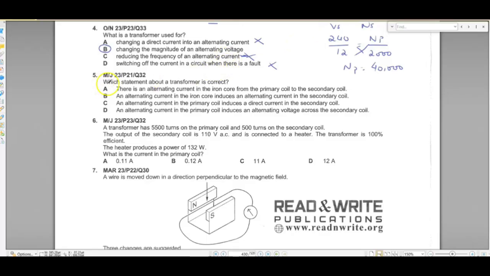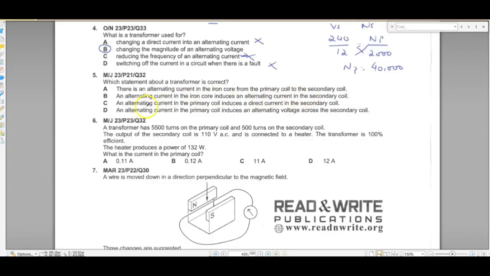Question number 5. Which statement about a transformer is correct? There is an alternating current in the iron core from the primary coil to the secondary coil. There is an alternating current in the iron core that induces an alternating current in the secondary coil.